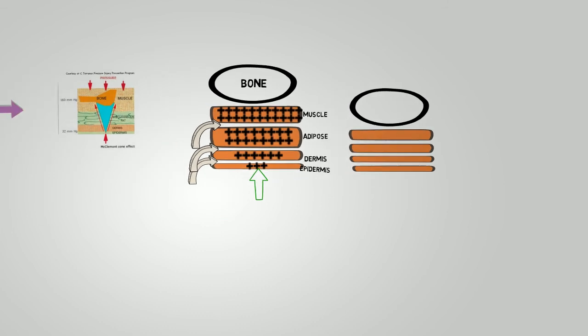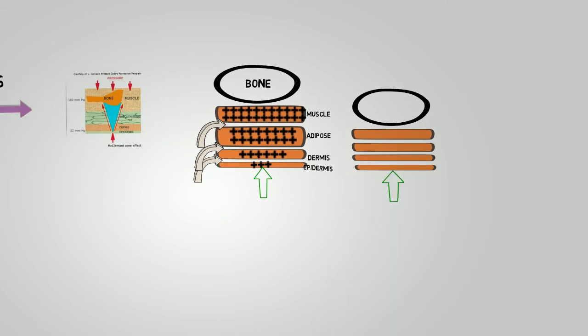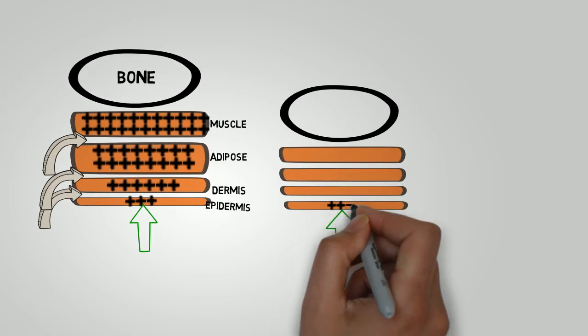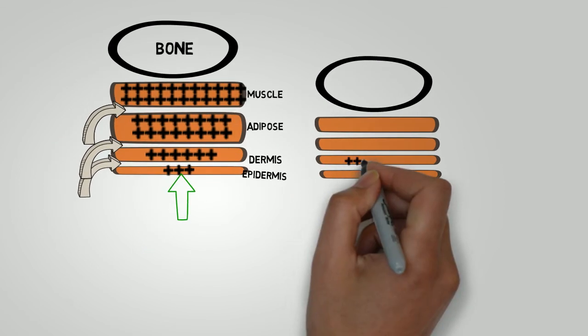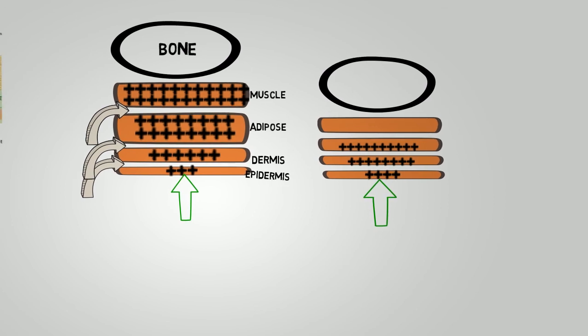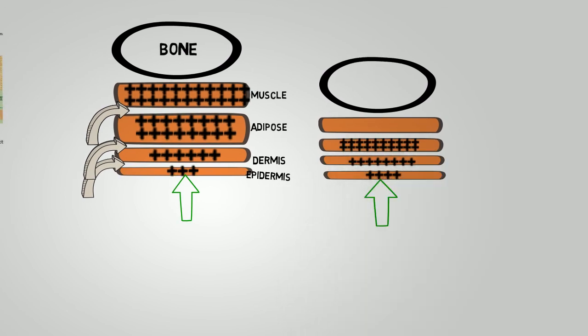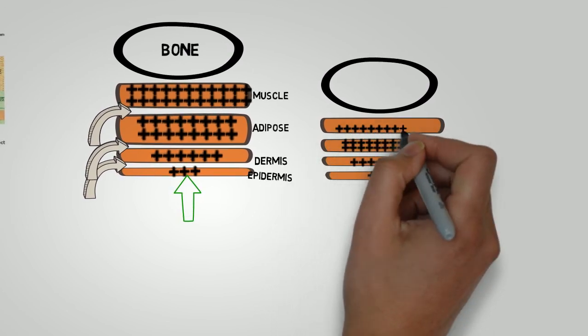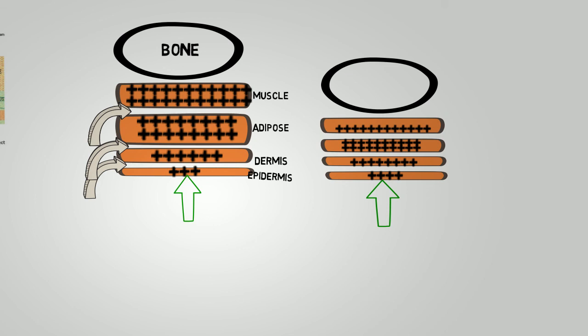Now the concept of a pressure gradient hasn't changed. What does change though is there is an increase in the severity of pressure as it travels through every one of those layers of tissue, compared with the previous diagram which represented, if you will, normal skin.